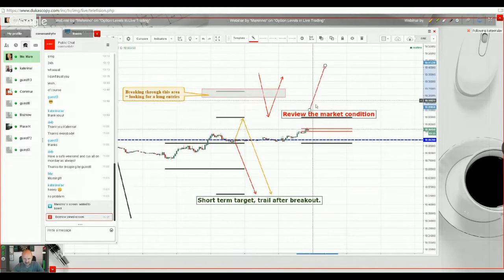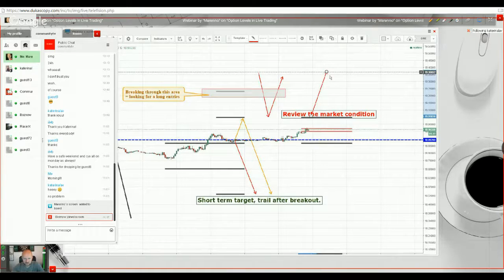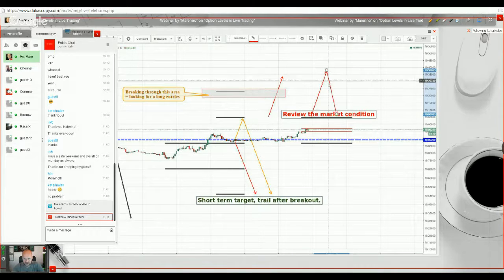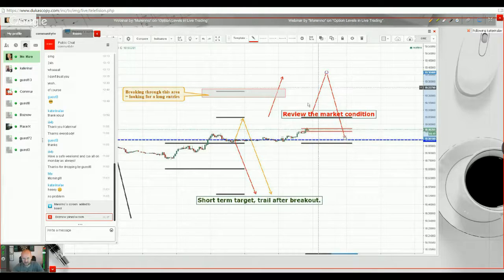In case it breaks through it, then we'll possibly have a bounce. Well, first of all, we don't know how much it will break this level by. So it will possibly lead just to this level here, which is 19.25, or it may go a bit further up as well.